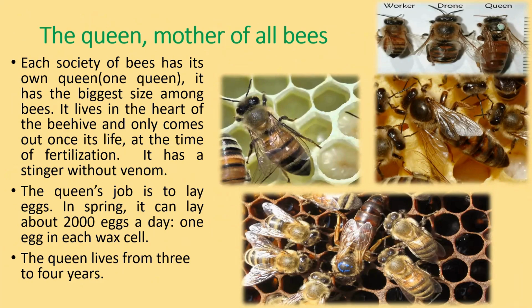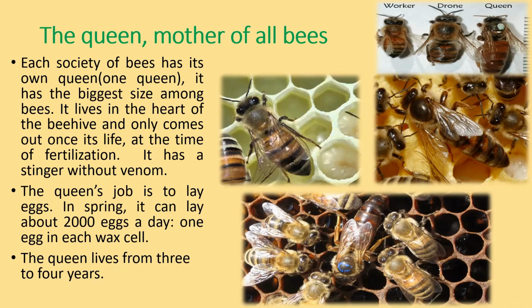It lives in the heart of the beehive and only comes out once in its life, at the time of fertilization. It has a stinger without venom. The queen's job is to lay eggs.